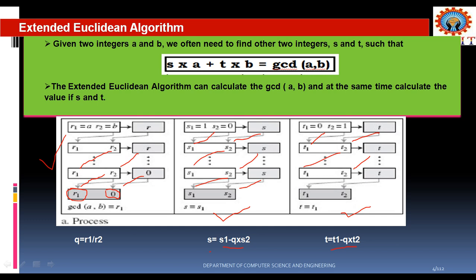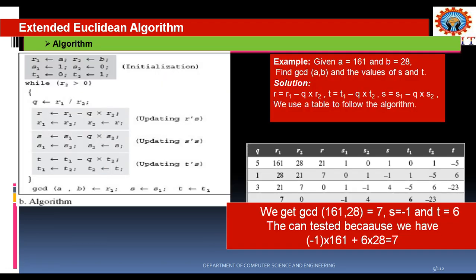The main part is that in the extended Euclidean algorithm, we have the relation s into a plus t into b is equal to GCD of a comma b. From this formula, we calculate the GCD value, s value and t value. So this is the algorithm.